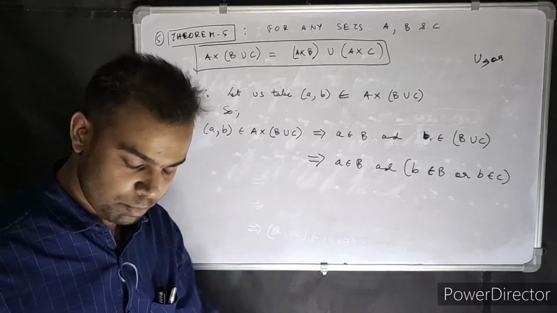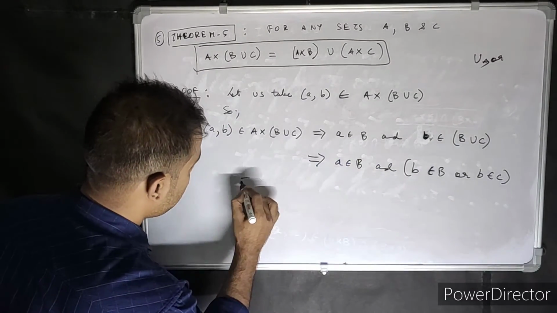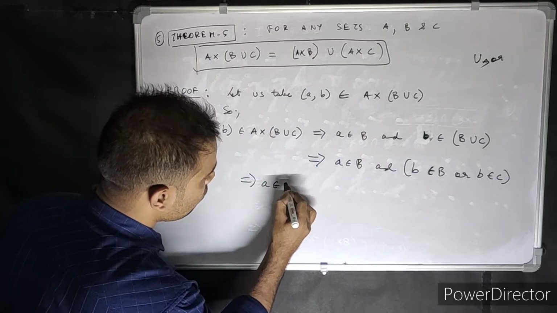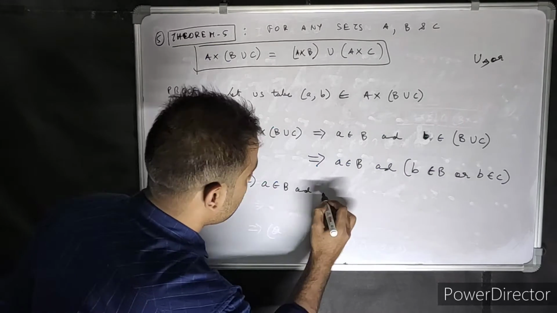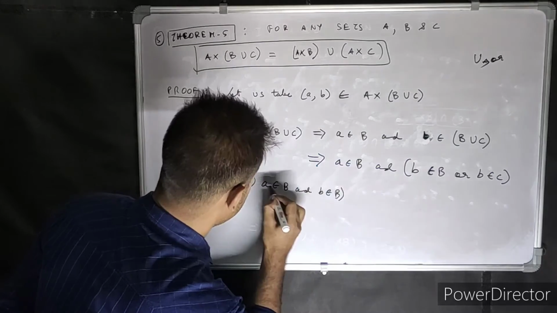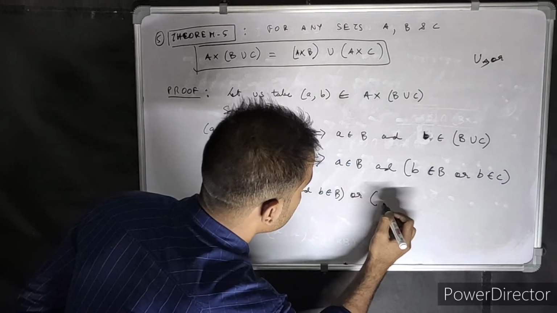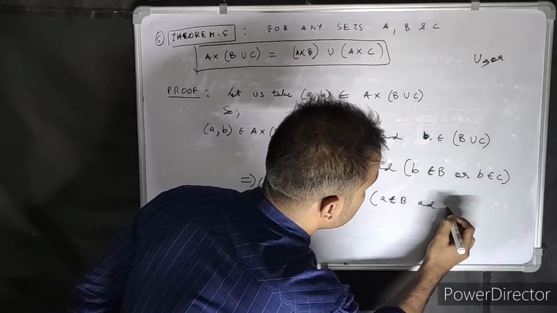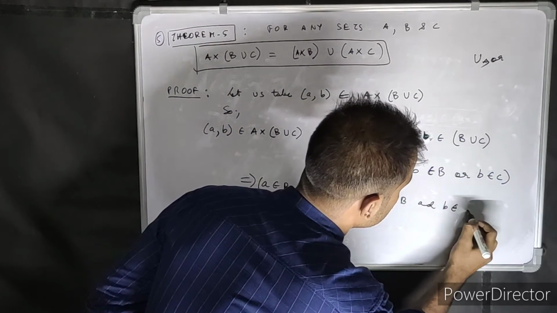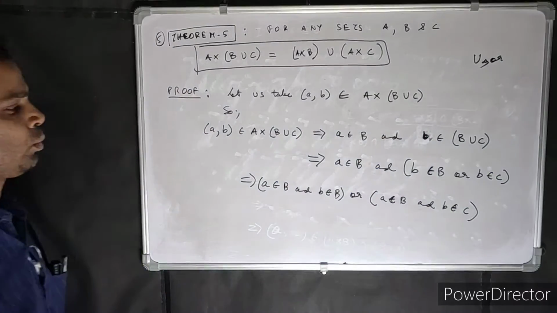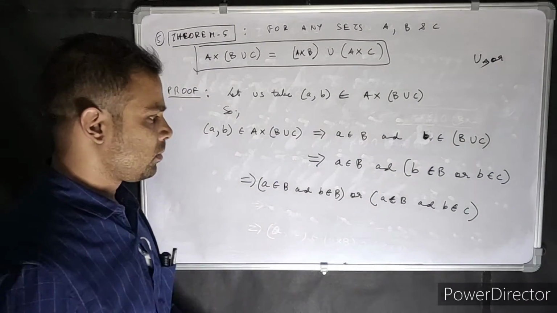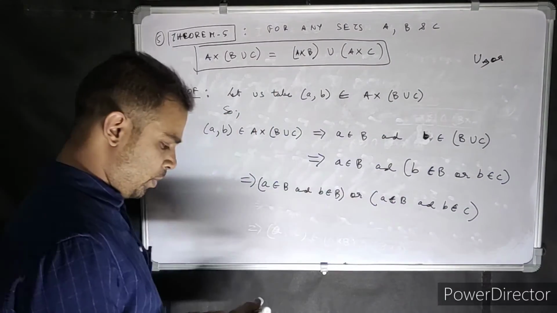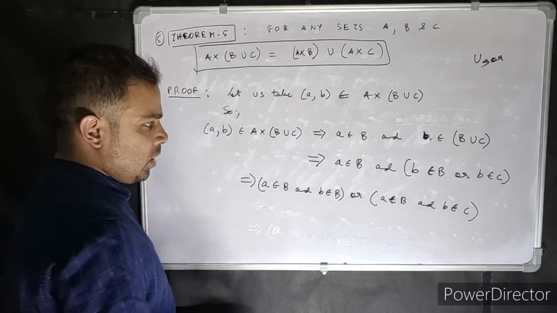Now when you split this up, this becomes a belongs to A and b belongs to B, or a belongs to A and b belongs to C. You split it up like a multiplication.